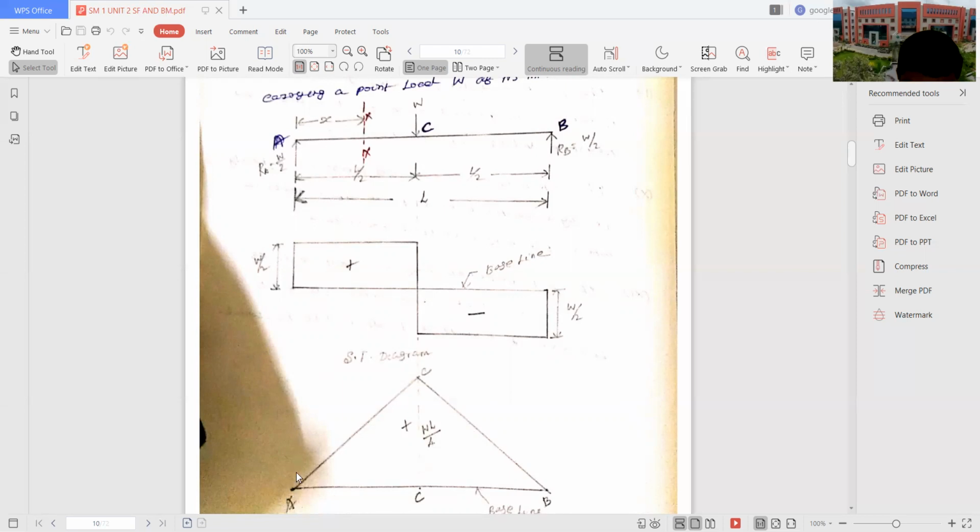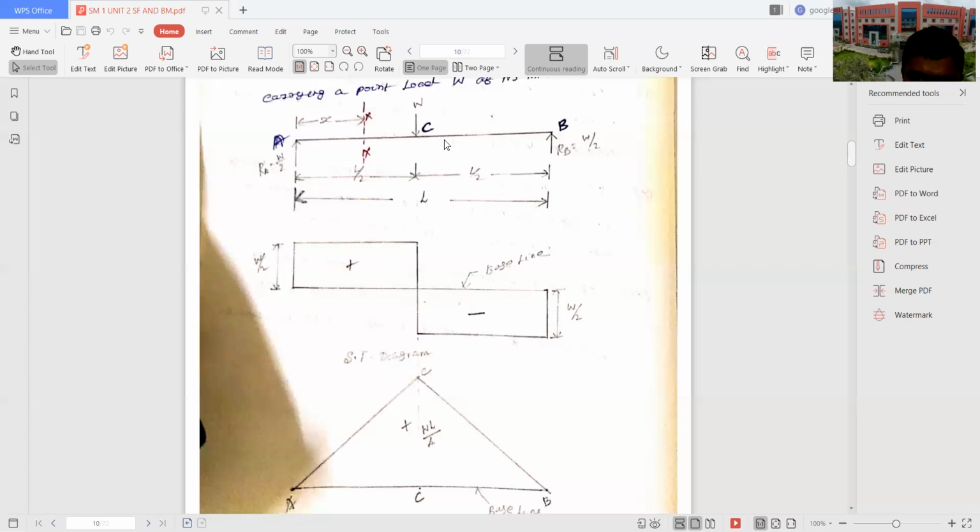You can see the bending moment value is 0. Then at the point C, the x value is L by 2. So W by 2 into x, substitute L by 2 instead of x. So W by 2 into L by 2, so WL by 4. So at point C, the bending moment value is WL by 4.